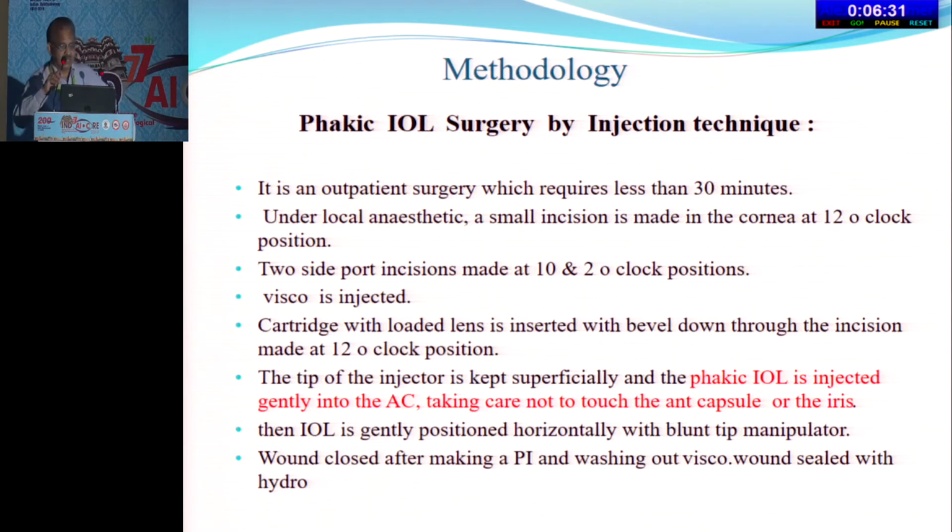Phakic surgery is outpatient surgery which requires less than 30 minutes.